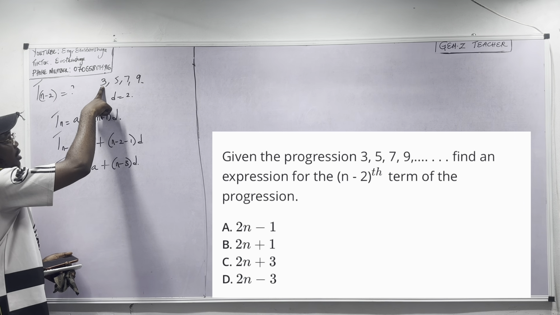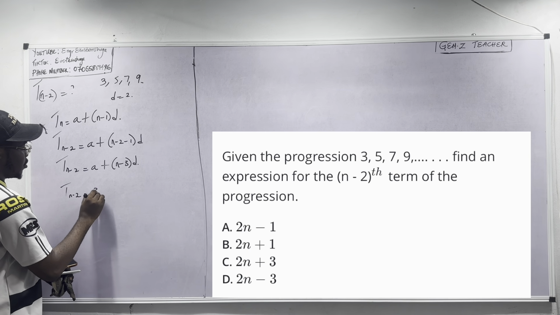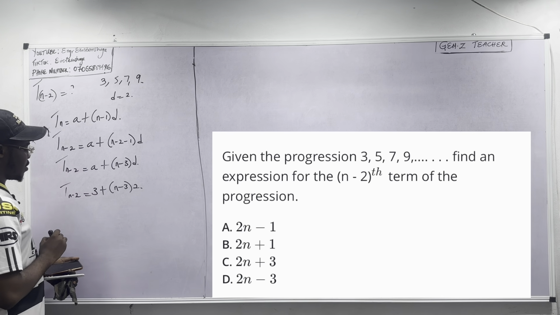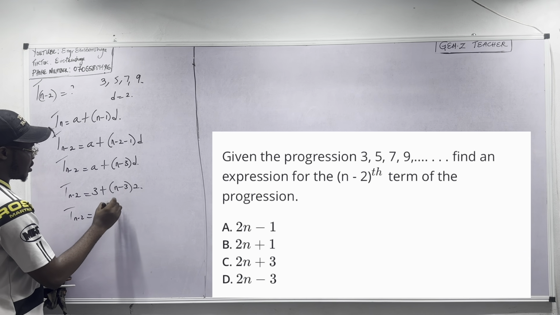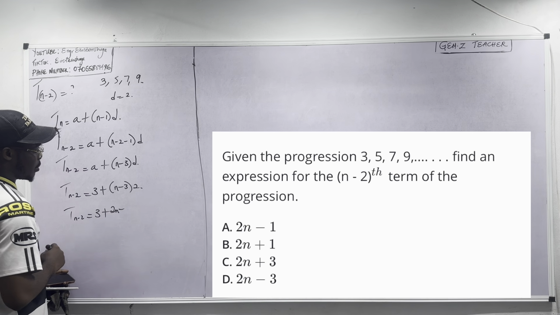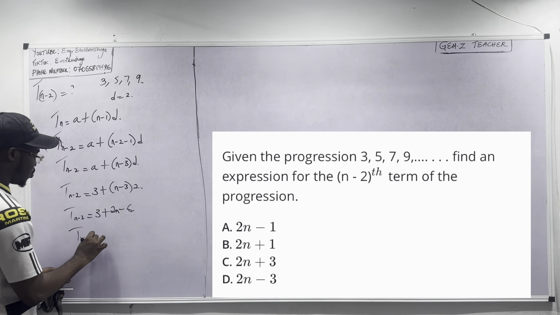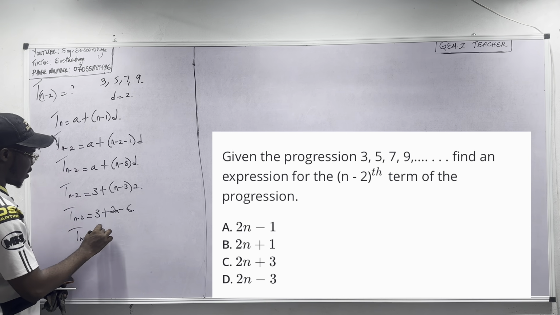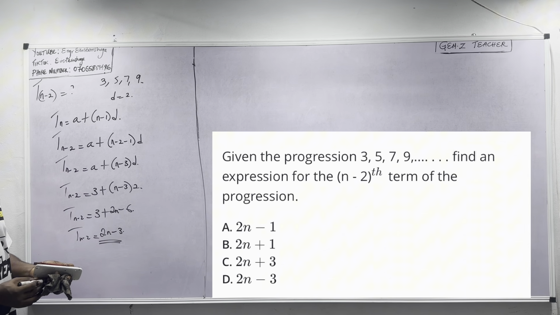The first term a is 3 and d is 2. So t(n minus 2) equals 3 plus (n minus 3) times 2. So simplifying further, you're going to have 3 plus 2 times n is 2n. 2 times minus 3 is minus 6. Okay, so t(n minus 2) becomes minus 6 plus 3, that's minus 3. So we're going to have 2n minus 3 as the (n minus 2)th term.